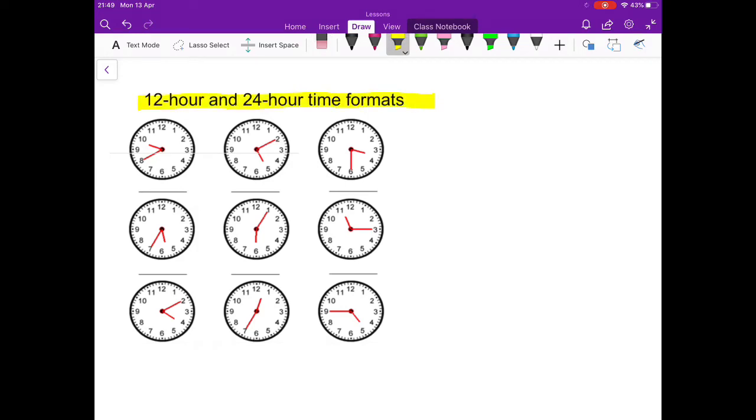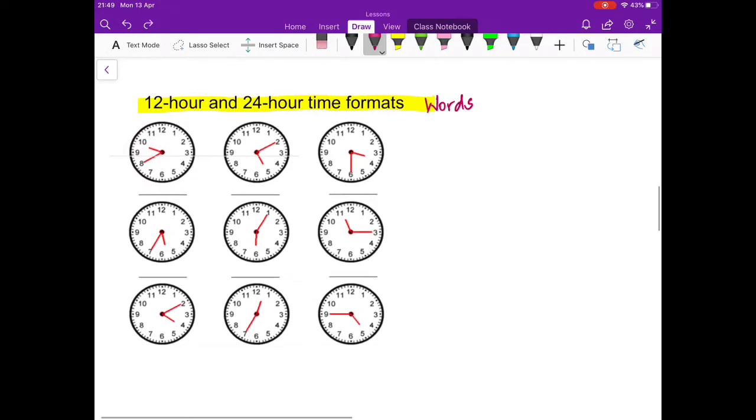Let's look at the 24-hour and 12-hour formats. The first thing we're going to do is write the time in words. This clock shows it is 20 minutes, 5, 10, 15, 20, 20 minutes to 10.